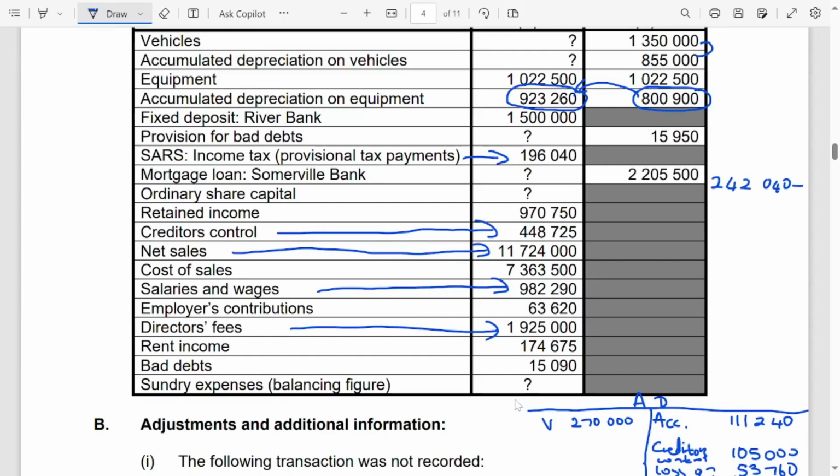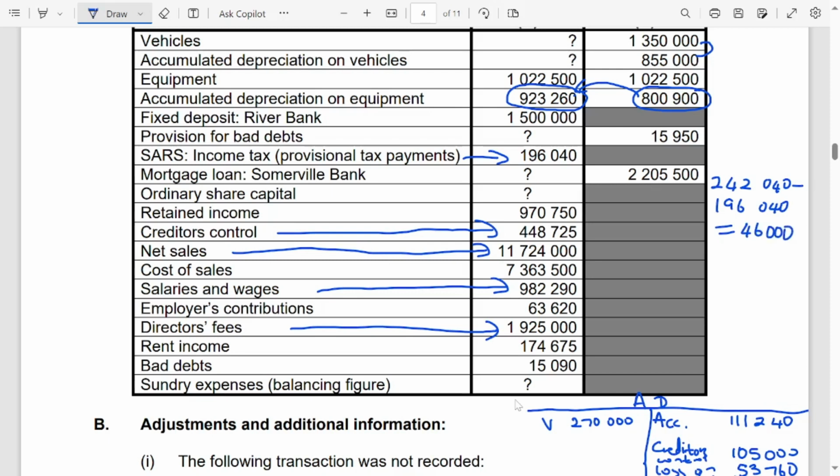But we paid SARS 196,040. So it means that we are still owing SARS. But how much are we owing SARS? We are owing SARS 46,000.